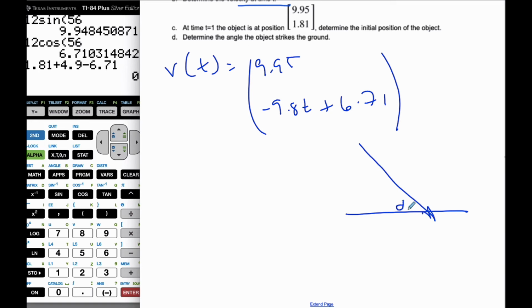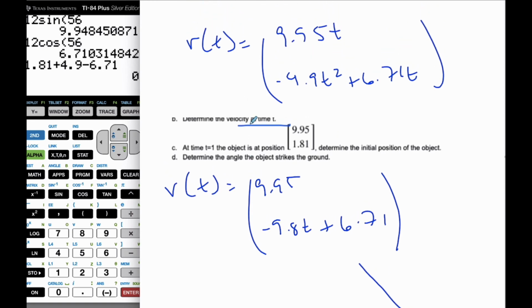I'm looking for this angle alpha. I need to know the time it hits the ground. And so to find the time it hits the ground, that means I want my y value for position to be 0.